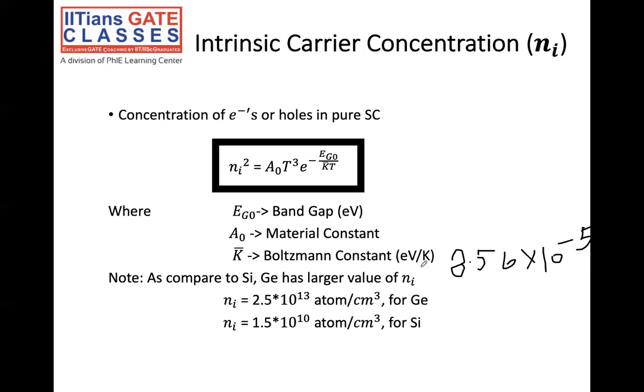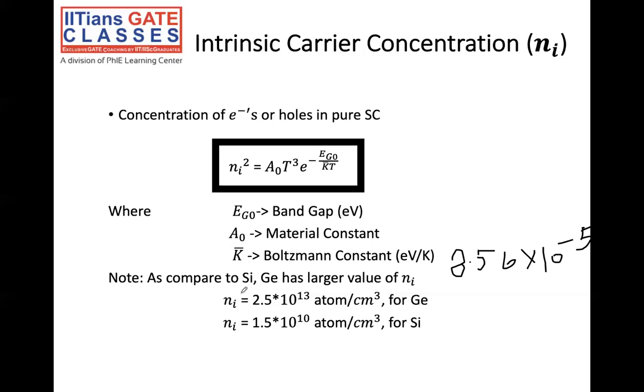So this is in electron volt per Kelvin. Almost this value will get. So remember, K bar is different from that K here. Both are Boltzmann constant. But there it was in joule per Kelvin, but here it is in electron volt per Kelvin.